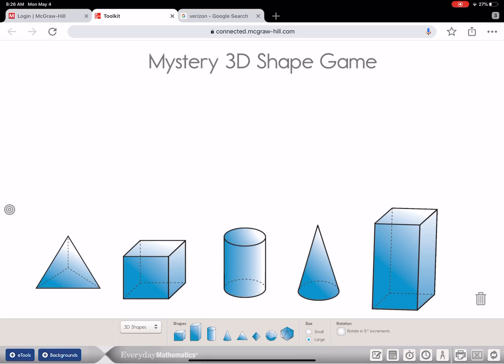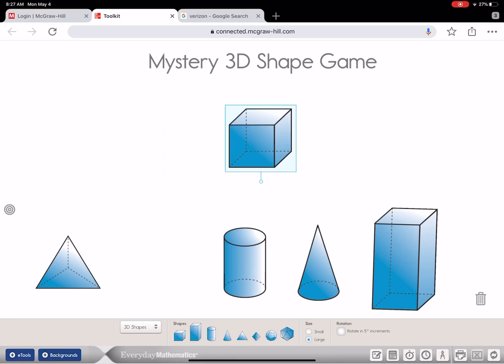Here we go. Next. This shape has 8 vertices. Remember, 8 points. It has 6 square faces. Yes, this 3D shape is a cube, right?